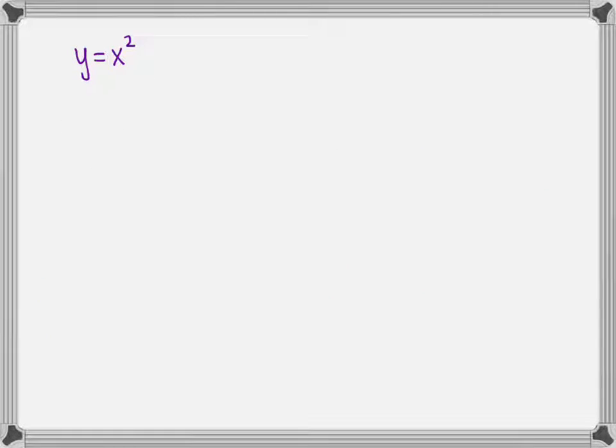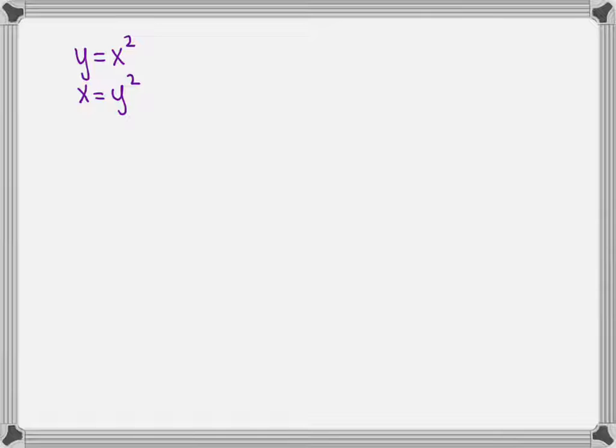Okay, y equals x squared. Let's remember how to find our inverse algebraically. We're going to swap x and y, so I get x equals y squared. And I want to try to get y by itself. So to undo the exponent of squaring, the inverse operation is taking the square root.